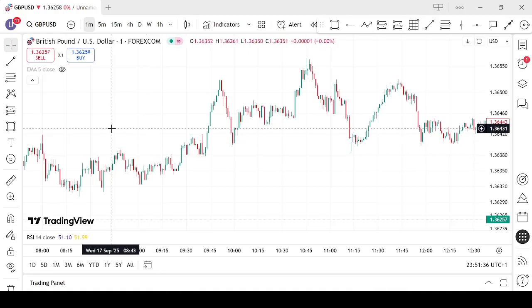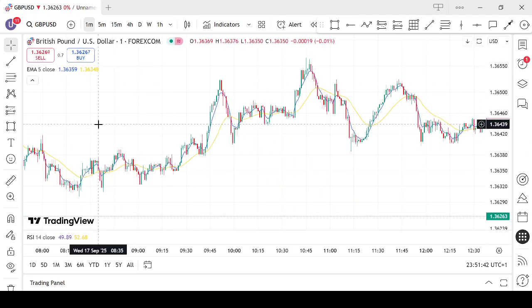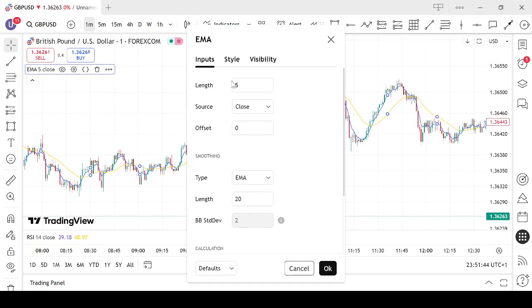The second step would be to set up your chart with indicators. You use two indicators. The two indicators we are going to make use of are the EMA, set up as a 5 period EMA and a 20 period EMA. This is the two EMA we will use.